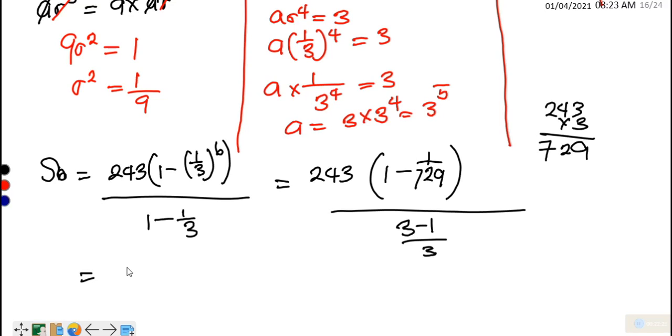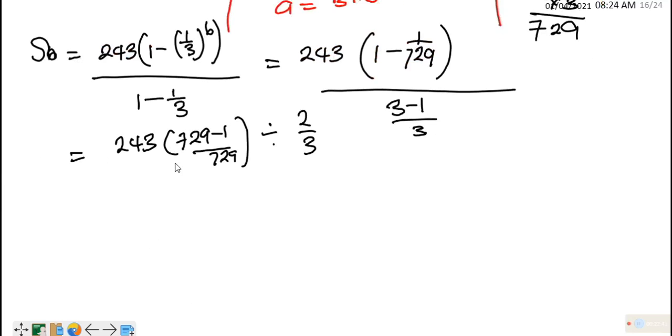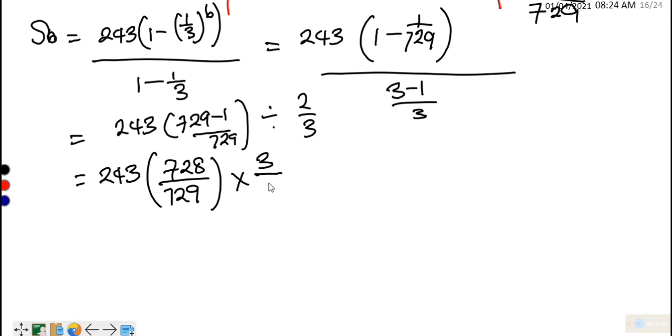This is a kind of complex calculation. This is 729 minus 1 all over 729, everything divided by 2 over 3. So what we will have there is 243 into 728 over 729 multiplied by 3 over 2.